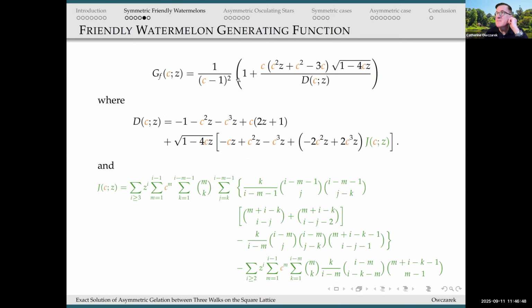So again, I'm not going to explain how we actually did it. But the important bit here is that the actual solution contains this function j, and j is a d-finite function, but not a very nice d-finite function. So you can actually find a differential equation for this.